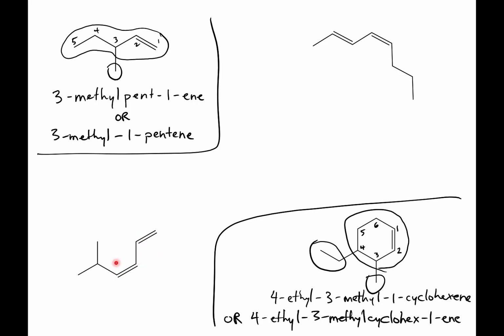Just like before, when we were talking about substituents and having to use our Greek prefixes, di, tri, and tetra, I've got to do that with the ene as well. And when I do that, the IUPAC people say I'm going to actually add a vowel, an a, to the end of the prefix that indicates how many carbons there are. So this is going to be 1, 2, 3, 4, 5, 6. It's going to be a hexadiene. We'll get to that.